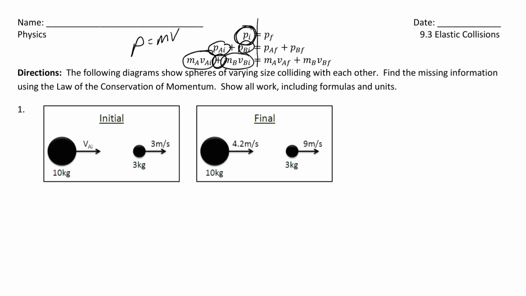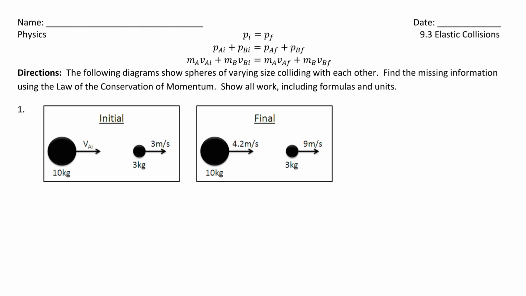So after the collision, you have the mass of A times the velocity of A after the collision. Most of the time you're changing your momentum because your velocity is changing. So you have the final momentum of A plus the final momentum of B, and you're adding those together because it's the total momentum, and they're equal to each other. Momentum is conserved. So that's the law of conservation of momentum.